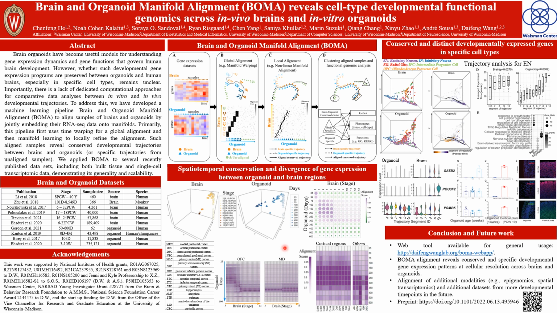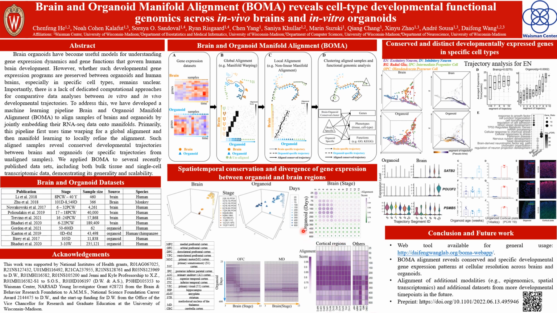We also aligned different regions of the brain with the organoid, which is summarized in this heat map. As you can see, the cortical regions of the brain are in general better aligned with the organoids than the non-cortical regions, which is expected.